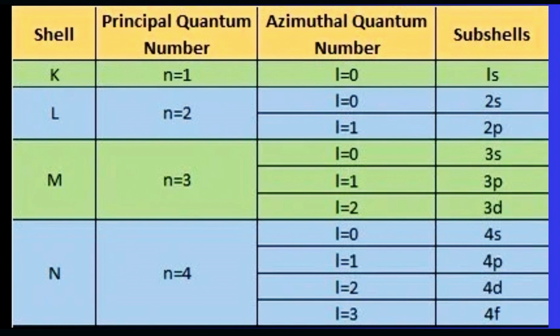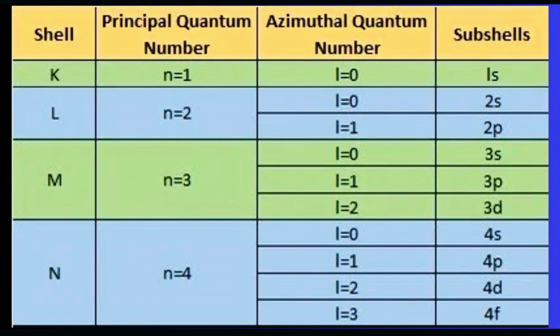For shell L, n is equal to 2 and l is equal to 0, l is equal to 1 and the subshells are 2s and 2p. For shell M, n is equal to 3 and l is equal to 0, 1, 2 and the resulting subshells are 3s, 3p, 3d.